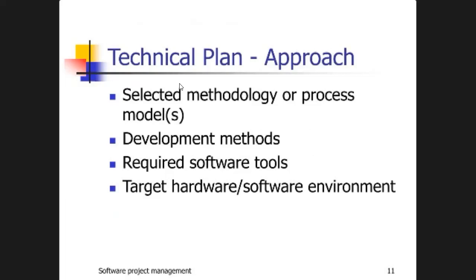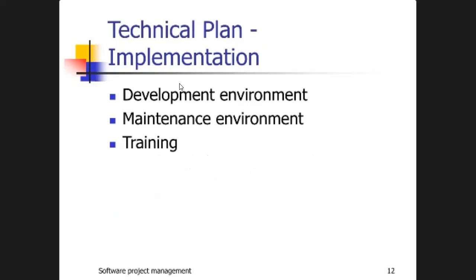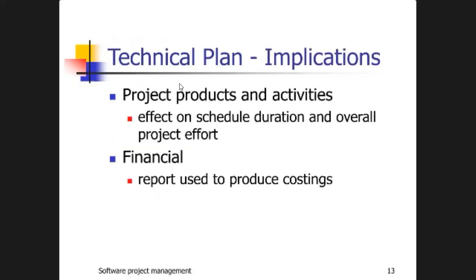Plan approach: selected methodology or process models, development methods, required software tools, target hardware and software environment. Plan implementation: development environment, maintenance environment, training. Plan implications: the project products and activities, effort on schedule, duration and overall project effort.